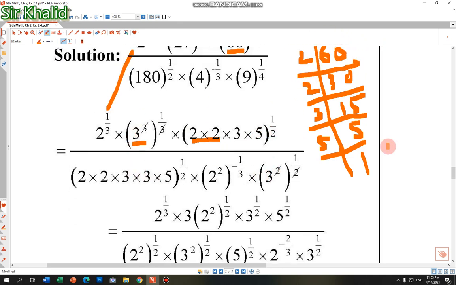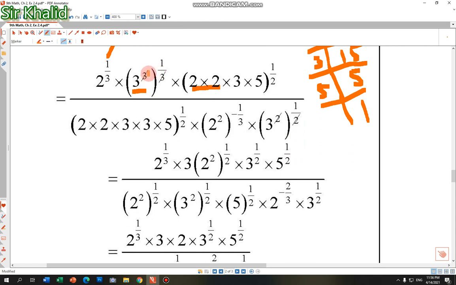Repeat this procedure with the same number, 180 to the power 1/2, into 4 to the power minus 1/3. So 180 can be resolved into factors like this: 2 into 2 is 4, 4 threes are 12, 12 threes are 36, multiplied by 5 will give you 180. 4 can be written as 2 to the power 2, into minus 1/3. 9 can be written as 3 squared, into 1/4. This 3 will be cancelled by this, only one 3 will be left.